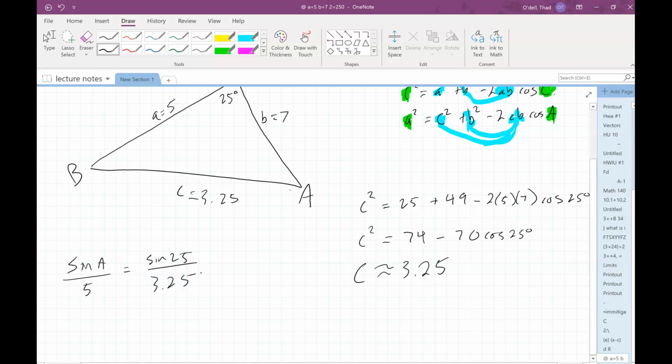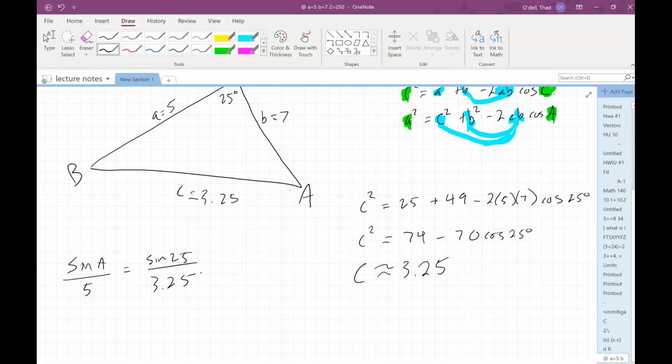Now, when you're solving for angles, you never want to use law of sines to solve for the biggest angle, because if the biggest angle happens to be obtuse, which is bigger than 90 degrees, law of sines will give you the wrong answer.